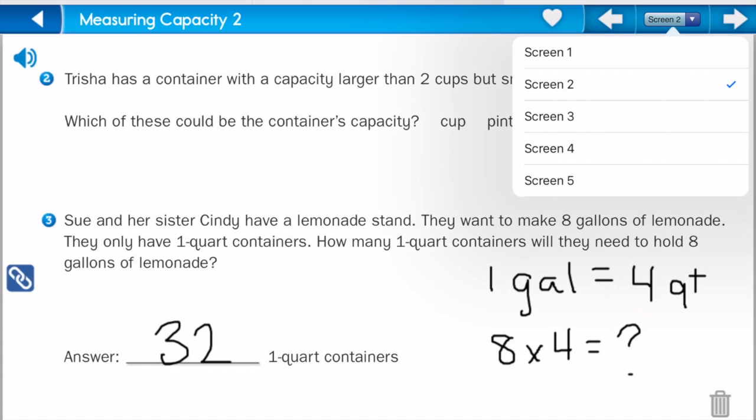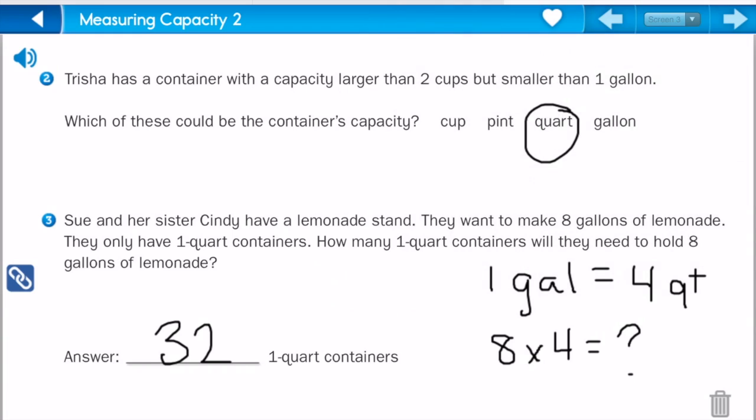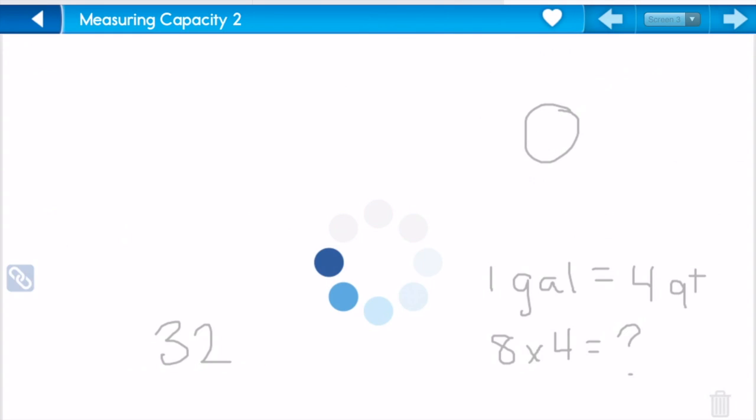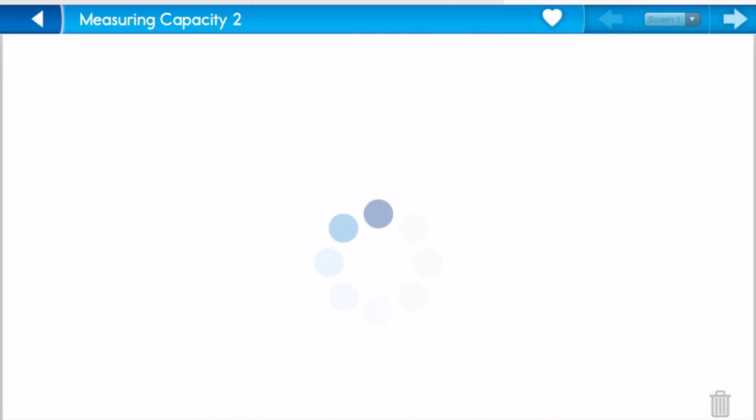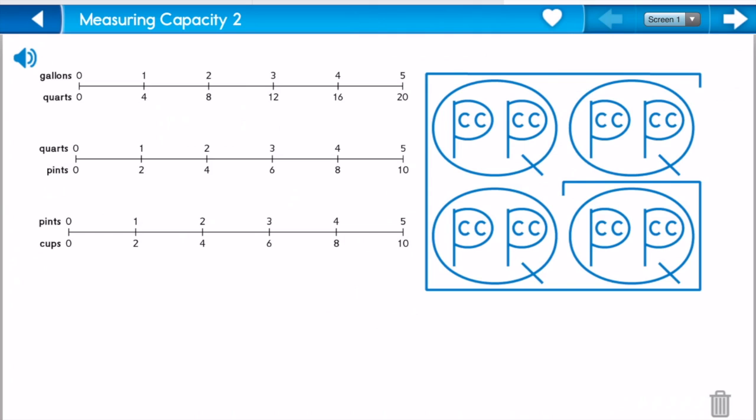Let's go to the next one. So how many cups are there in a quart of milk? How many cups are in 1 quart? So let's go back and look at our picture. How many cups are in 1 Q? 1, 2, 3, 4. So there's 4.